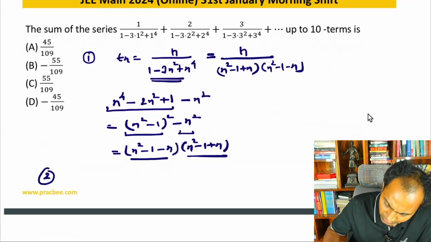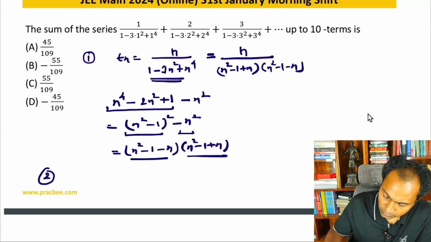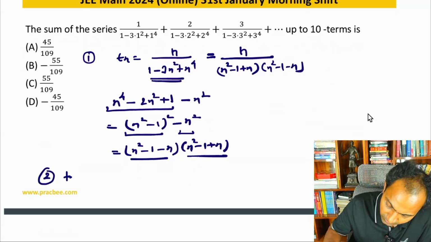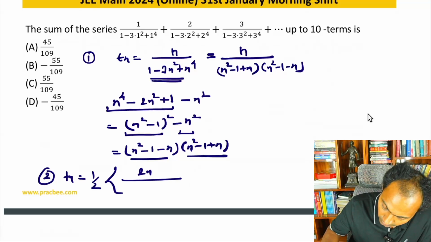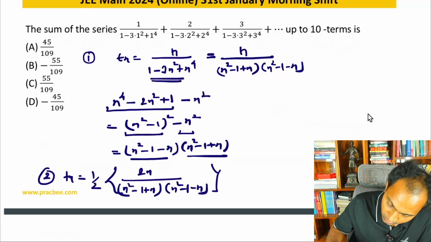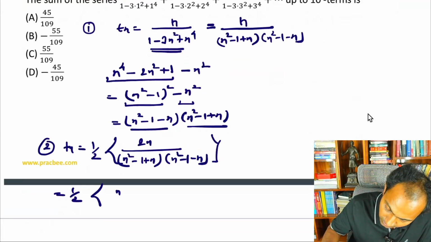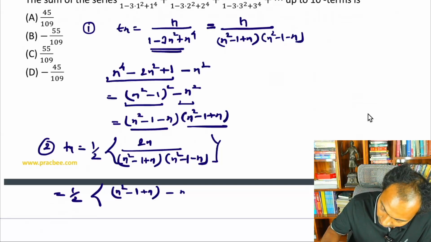So in the second part, if I want to write this up, you can see that now this Tn can be split. How? Because this numerator we are going to multiply and divide by 2. This becomes 2n by n square minus 1 plus n and n square minus 1 minus n. So this 2n in the numerator, now here we can write it as nothing but n square minus 1 plus n minus n square minus 1 minus n.